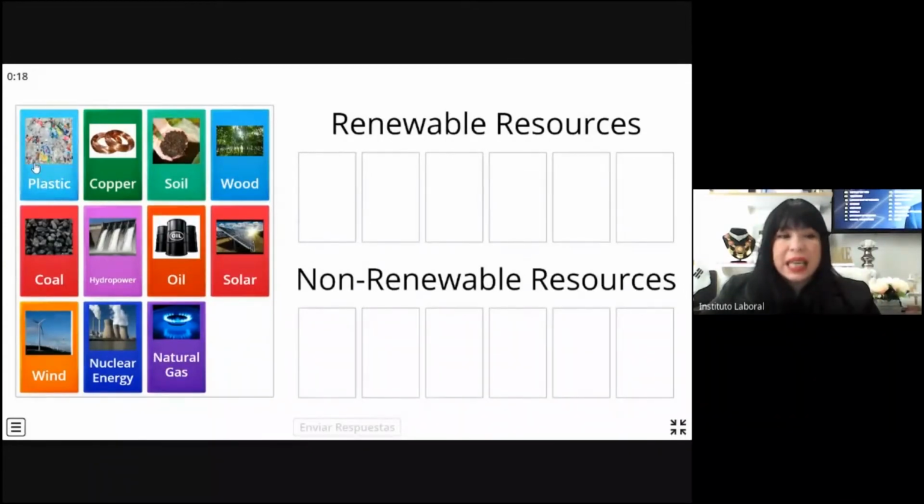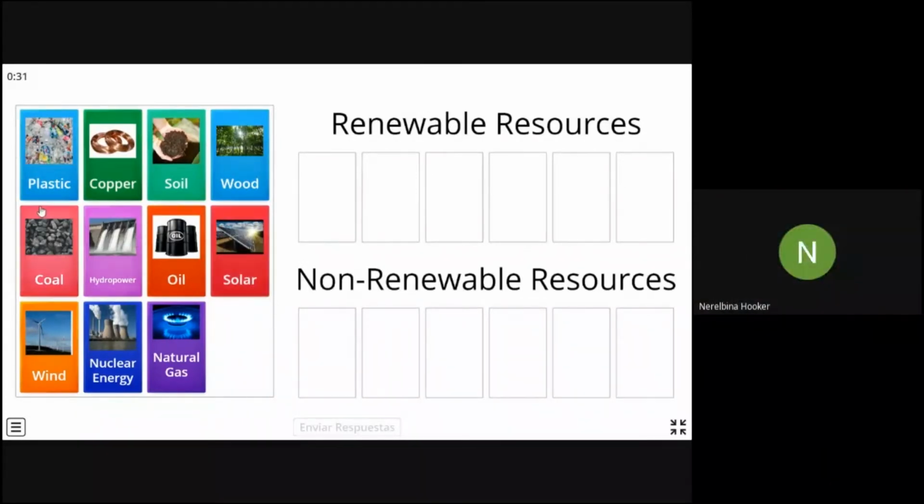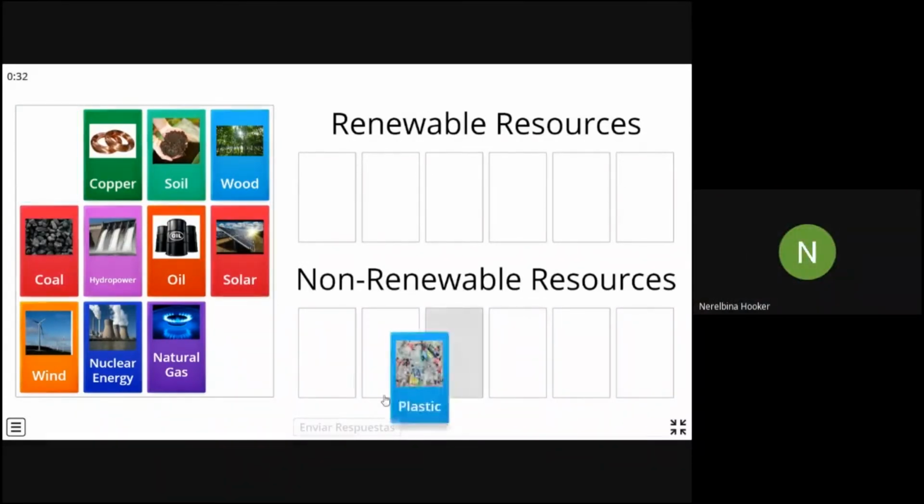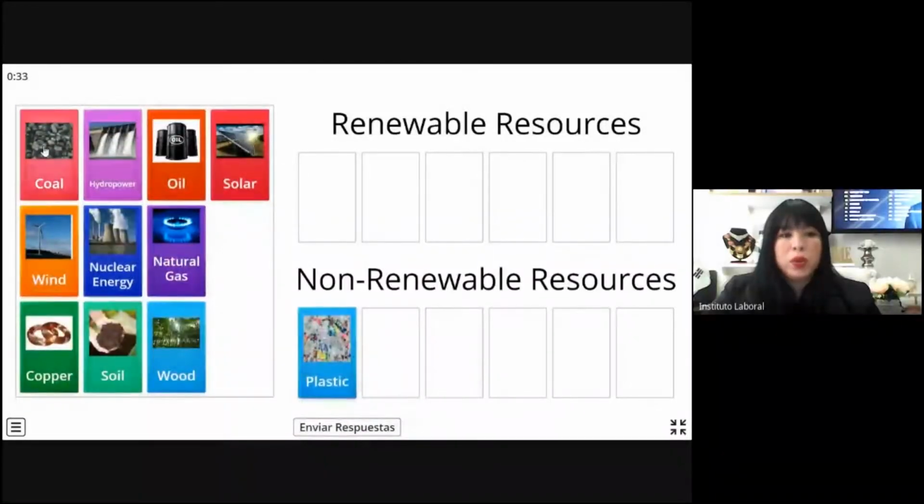So the plastic, is plastic a renewable or non-renewable resource? What do you think? Not renewable. Plastic is non-renewable. Coal.